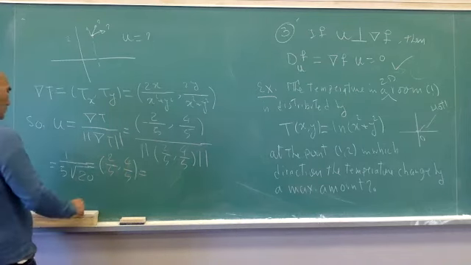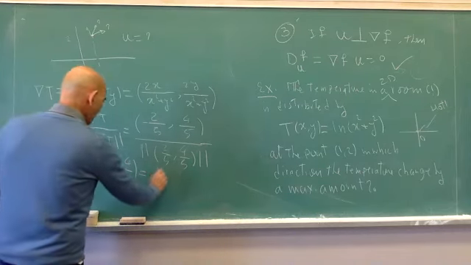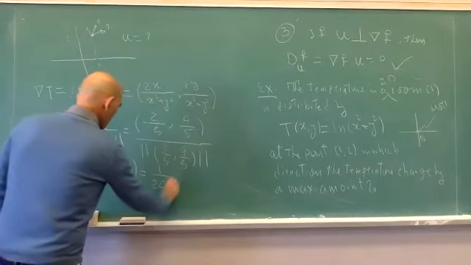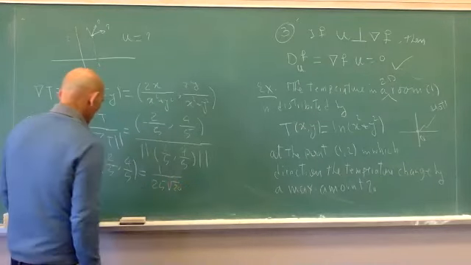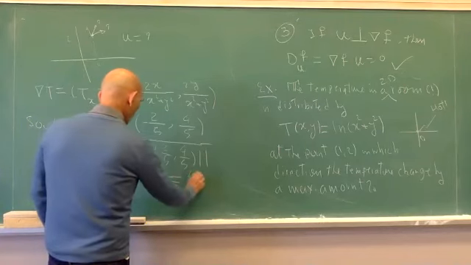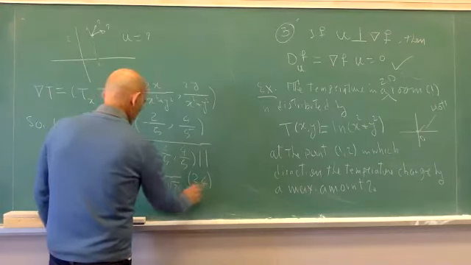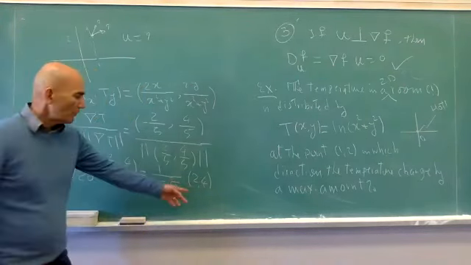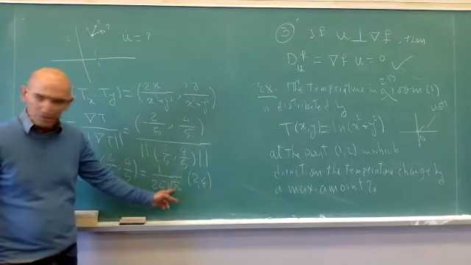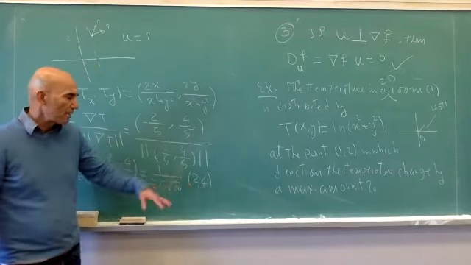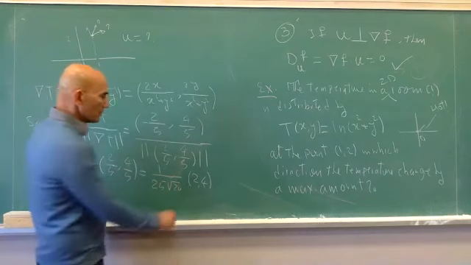So this is equal to 1 over 25 square root of 20 times (2, 4). Actually, you can simplify this further because there is a 2 and you can factor out a 4, but that doesn't matter. This is good enough. That's the direction.